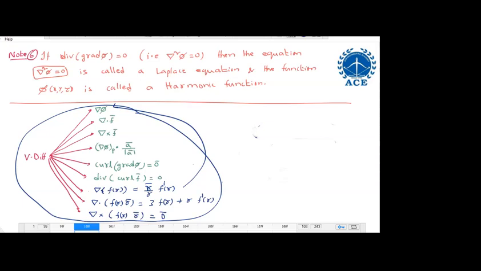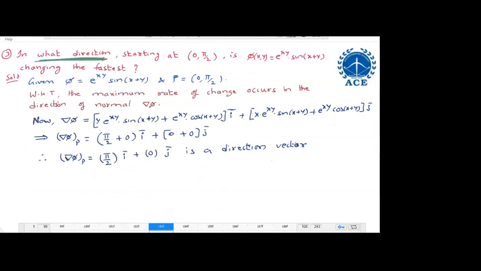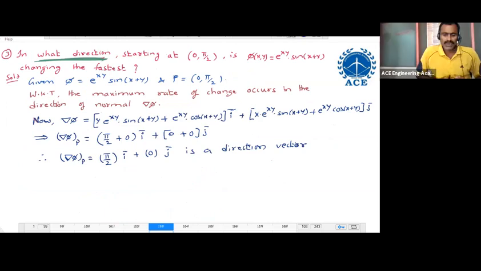Sir, page number 103. Why didn't we divide by its magnitude, since we are dealing with direction, sir? Actually, we are asked to find only the direction vector along which maximum change occurs, the fastest change.